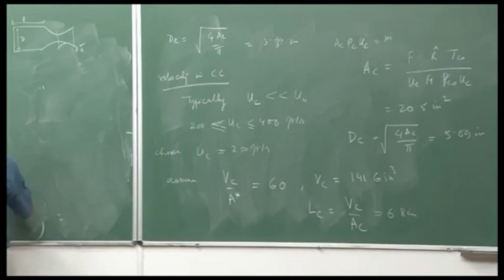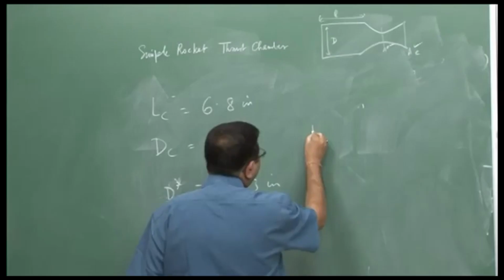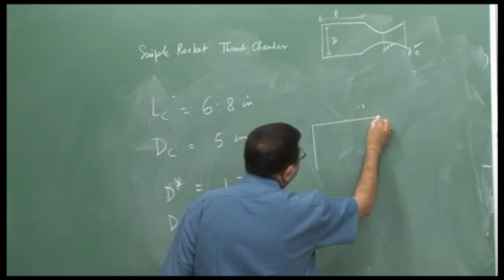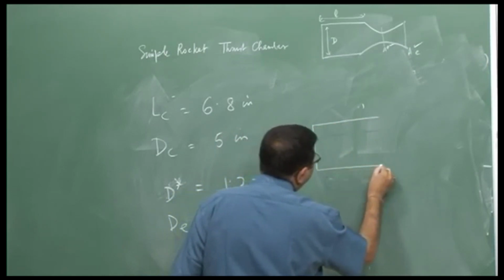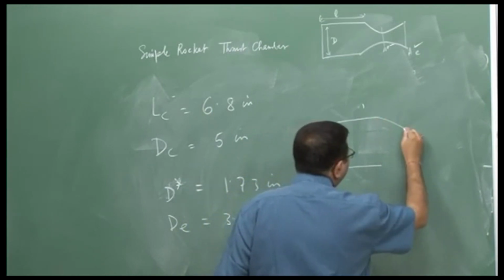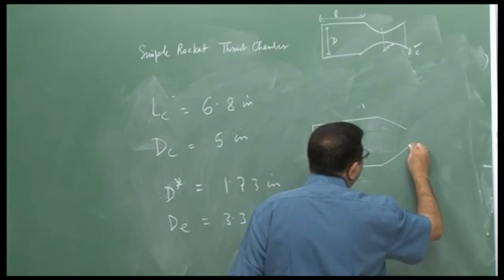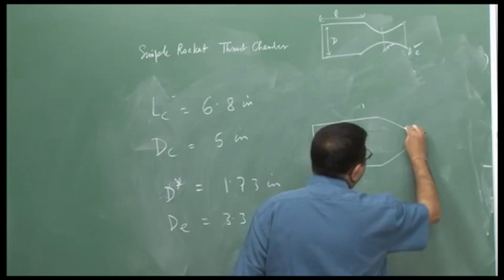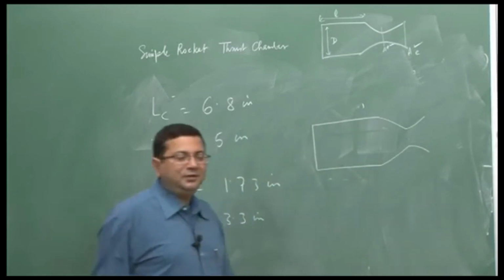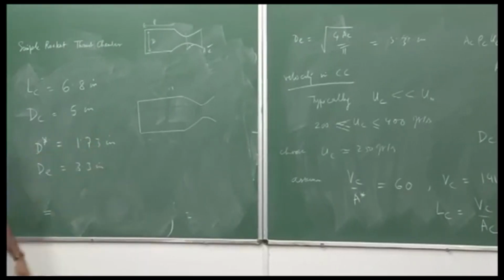So, if I draw it to scale, roughly about 5 inch, about 7 inch, then it goes down to about 2 inches, about 3 inches. This is your rocket.